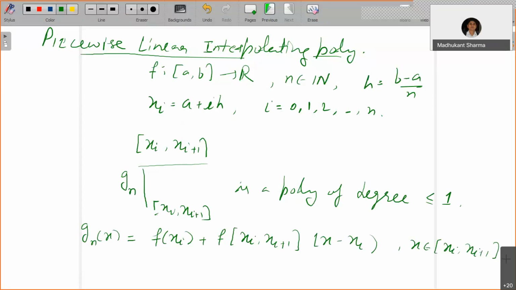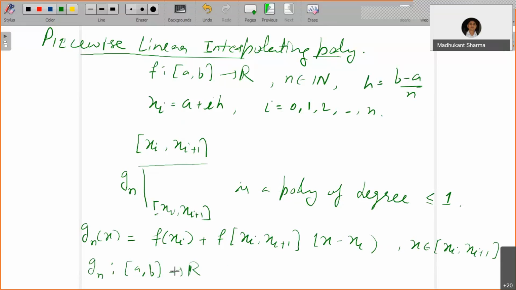This is very straightforward. gn is an interpolating function, and what we require is that gn is continuous, from the closed interval [a, b] to R, where i runs from 0 to n minus 1.